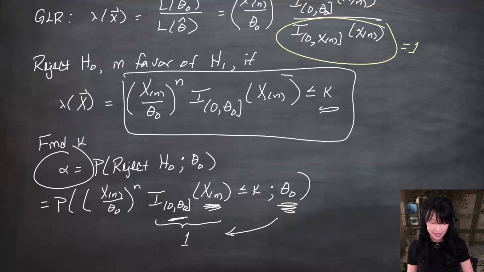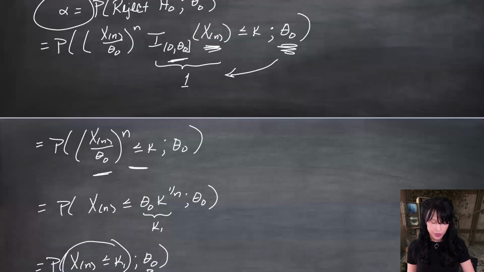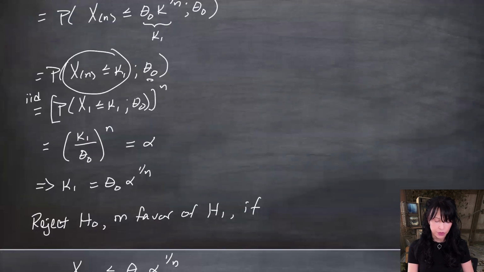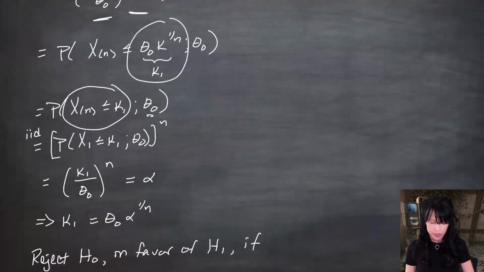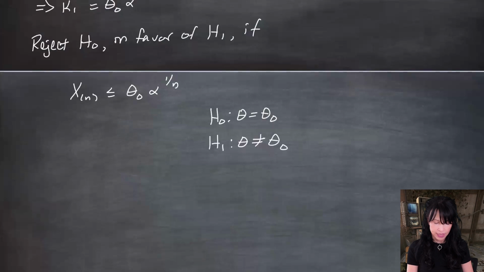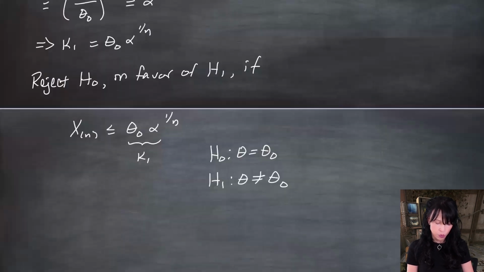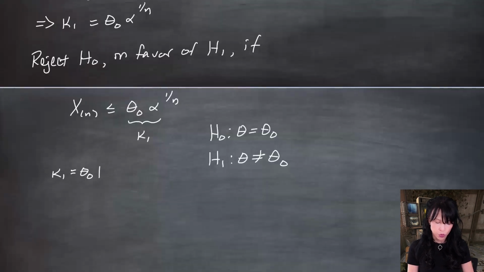And my K is related to K1. So here was the relationship. So this is K1, and K1 was theta naught K to the 1 over n.